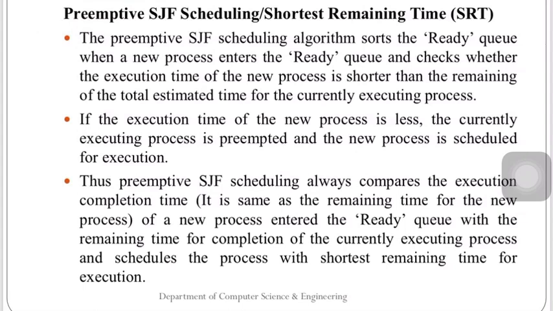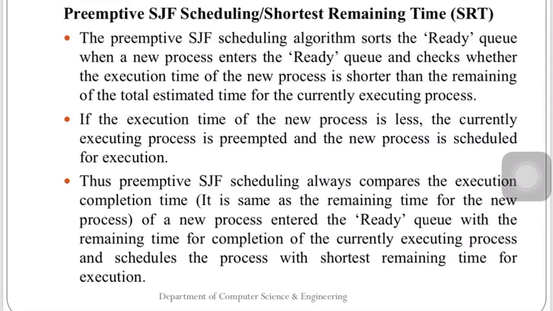So thus preemptive SJF scheduling always compares the execution completion time, which is the same as the remaining time, of a new process entering the ready queue with the remaining time for completion of the currently executing process, and schedules the process with the shortest remaining time for execution.